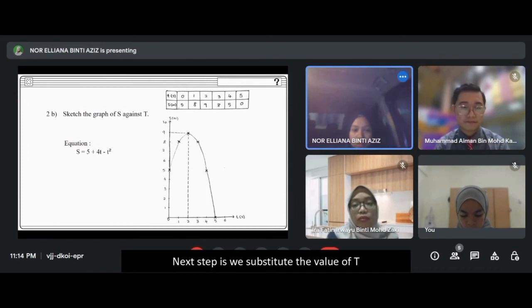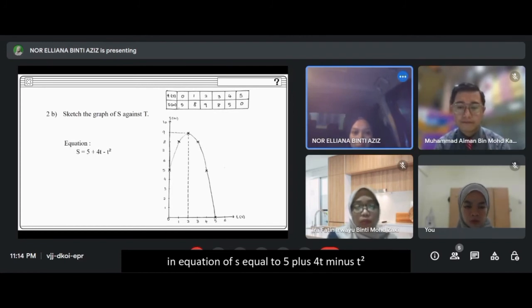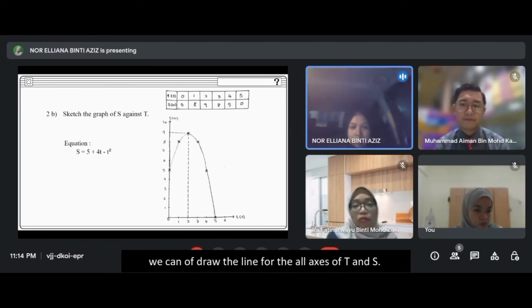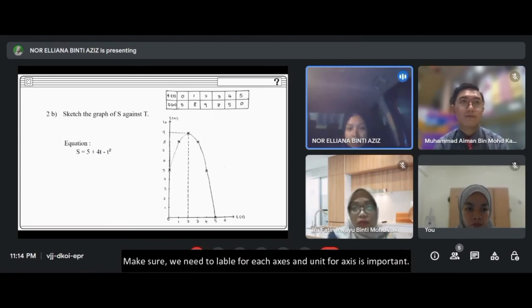Next, we substitute the values of t in the equation s equal to 5 plus 4t minus t square using the calculator. When we get all the values of s, we can draw the axes of t and s. Make sure we label each axis, and the unit for the axis is important.